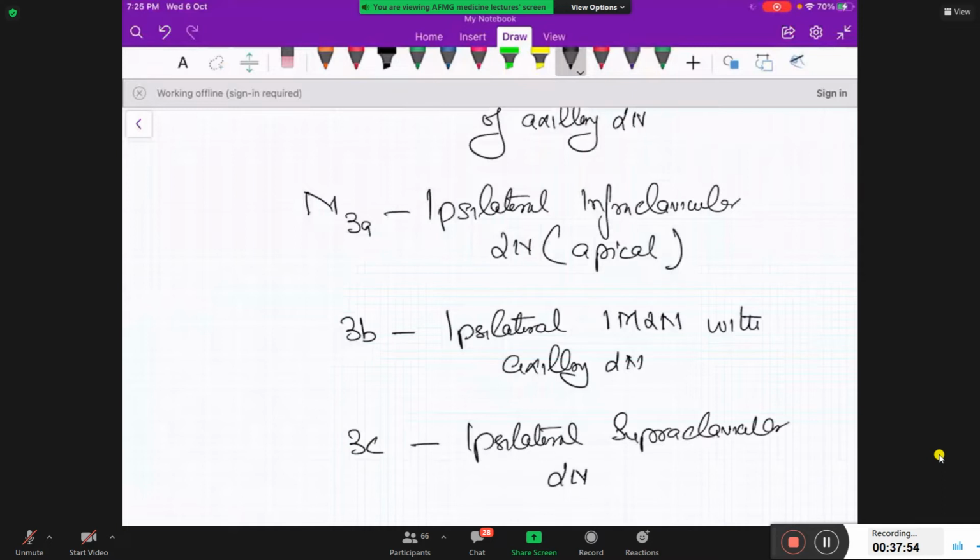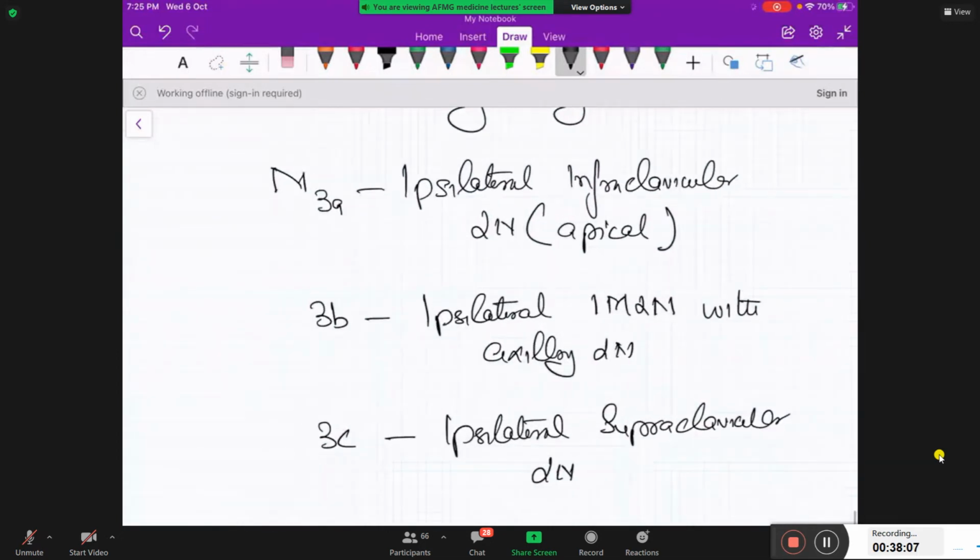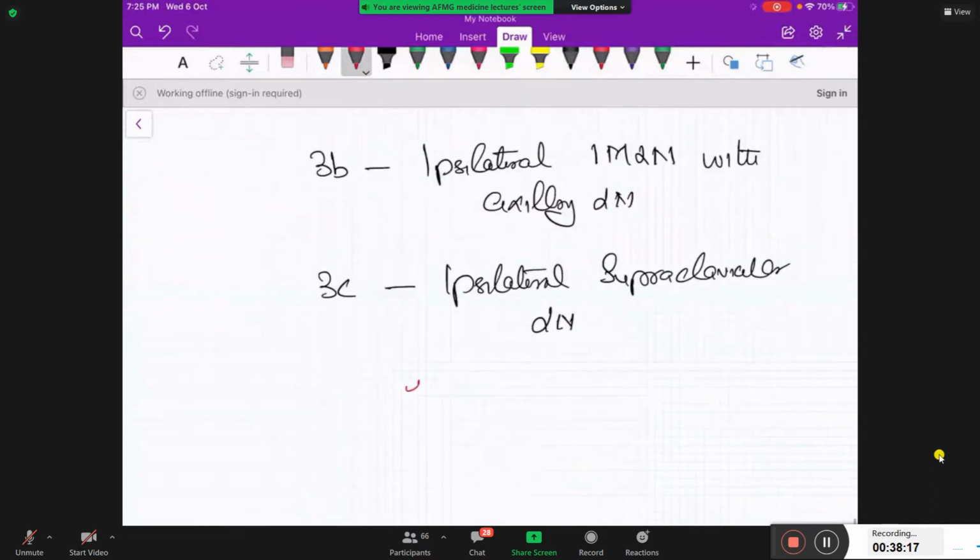Now let's understand this, because understanding the staging is more important. Just remembering will not help. Imagine a patient comes to you with a 2 centimeter lump in the breast.